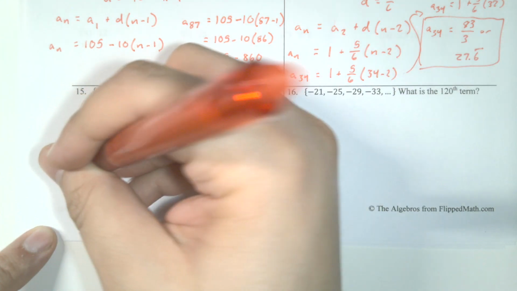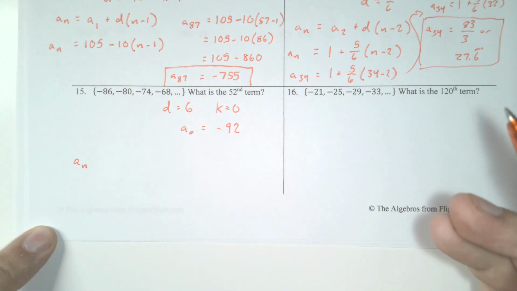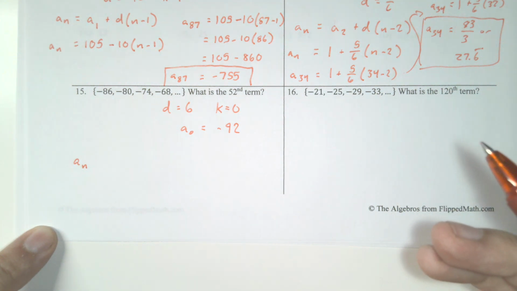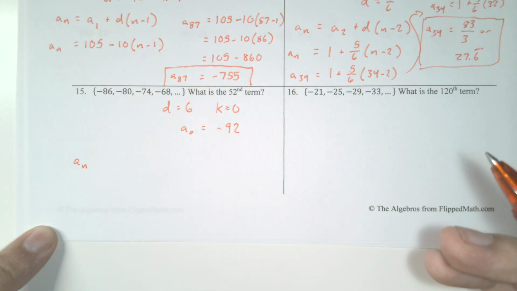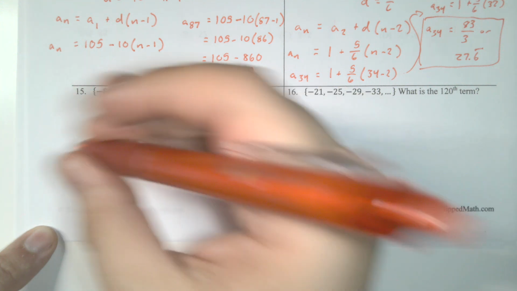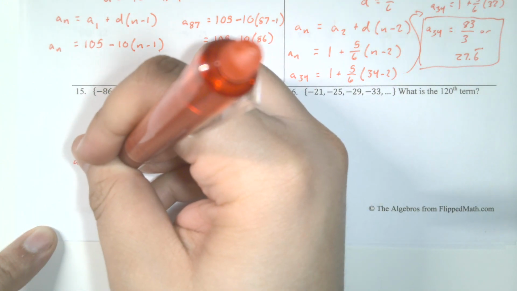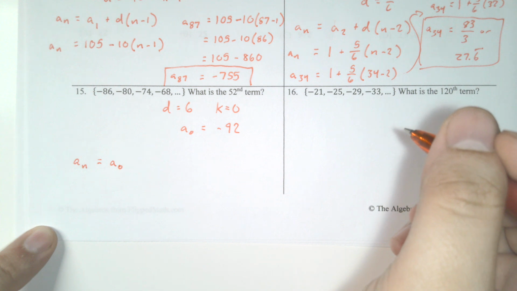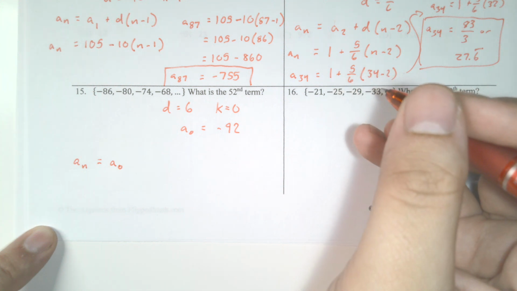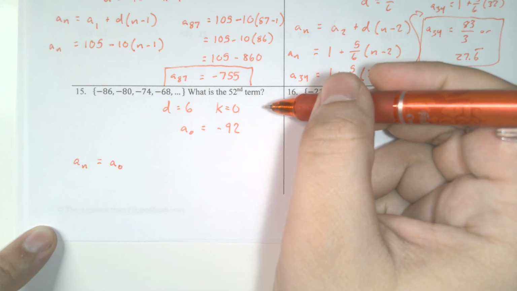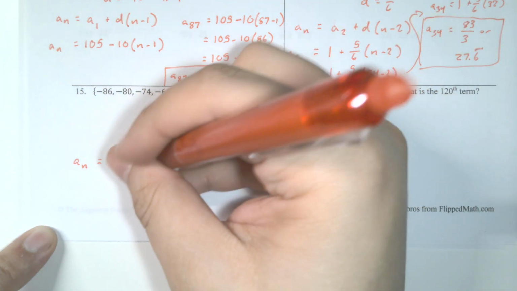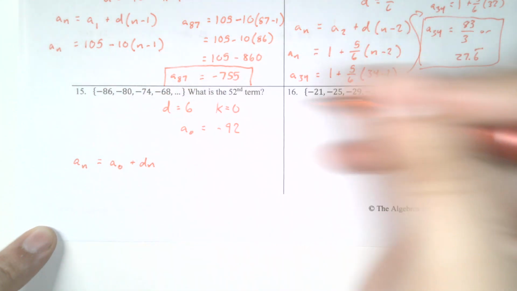So that's the nice thing about the general formula: you can choose whatever term you want to figure out your formula. All of the formulas are going to be equivalent to one another. So if we were letting k equals 0, we're using the 0th term as the basis of our formula, then we have a sub 0 plus d times n.